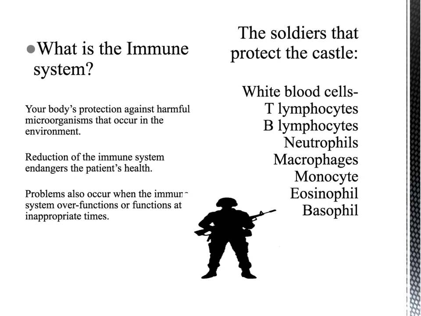They all work together to fight off certain bacteria, and together they work to protect us. And I've listed some here on the slide. The T and the B lymphocytes are the ones that we will focus on for HIV when we talk about it. And then you have your neutrophils, macrophages, monocytes, eosinophils, and basophils.